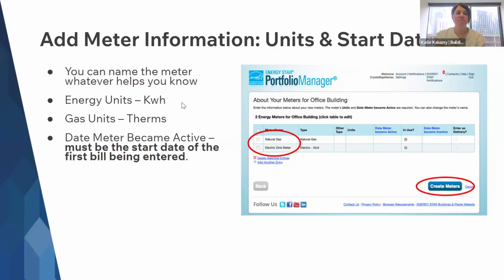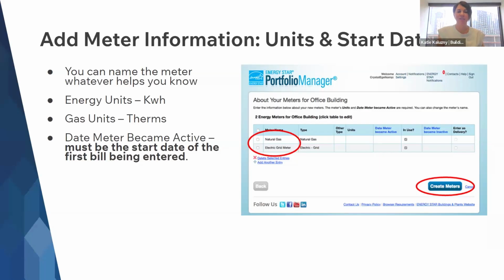The common energy units when you're setting up your Portfolio Manager account and your energy tabs is kilowatt hours for electricity, and then gas units is therms. And then one tip or trick is to make sure that the date the meter became active isn't necessarily the date the building was built or the first date when the utility went into effect at your building, but it's the same date as when you're going to enter your first utility bill.